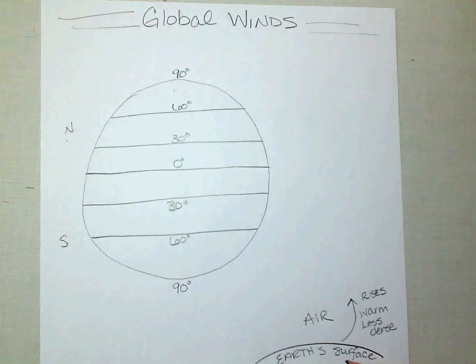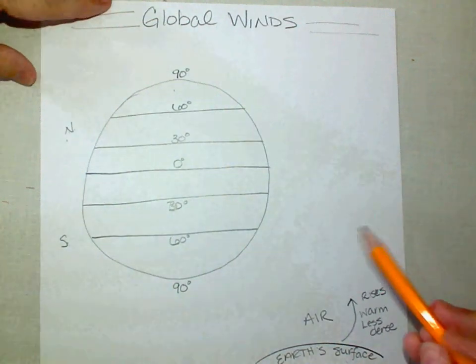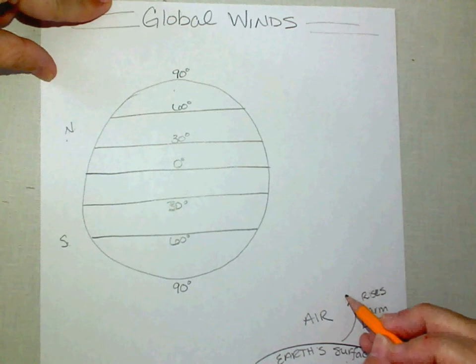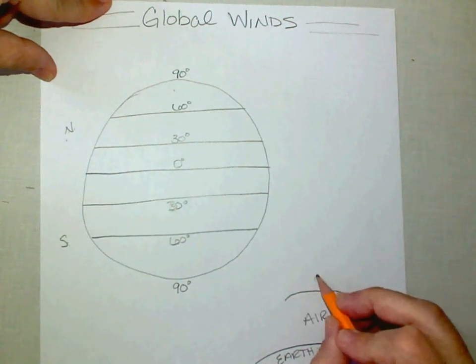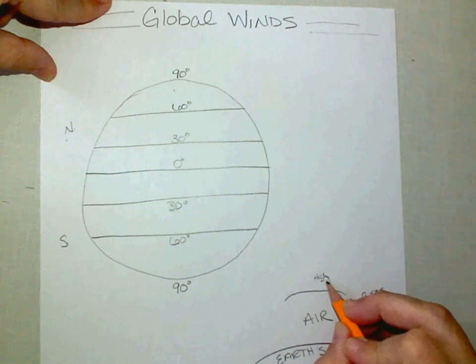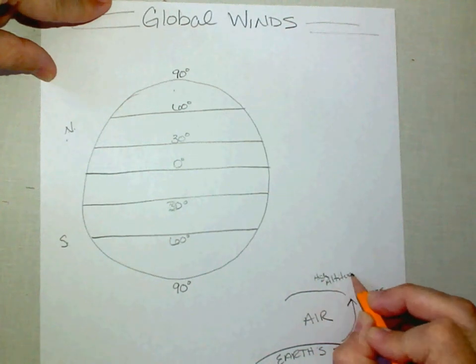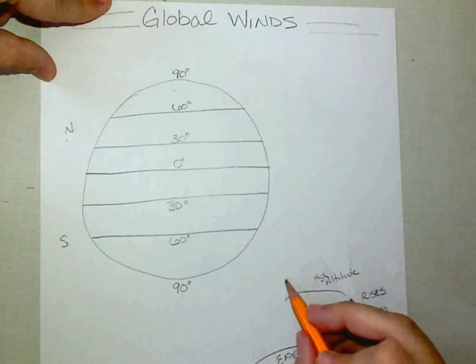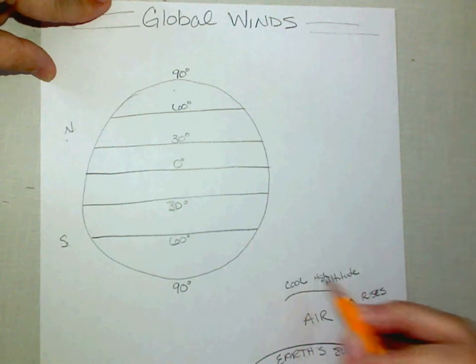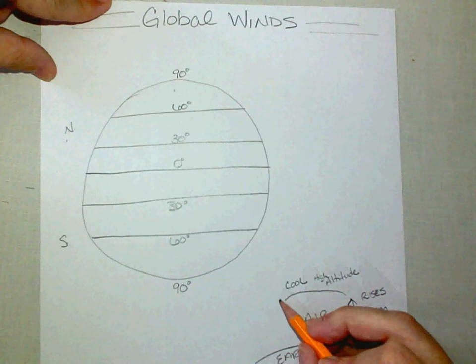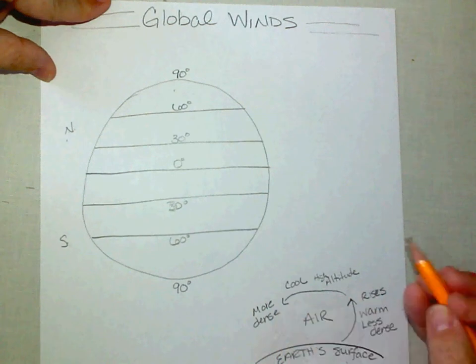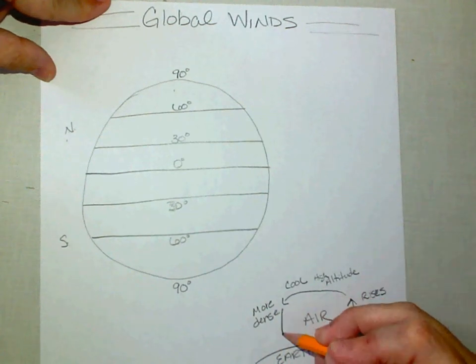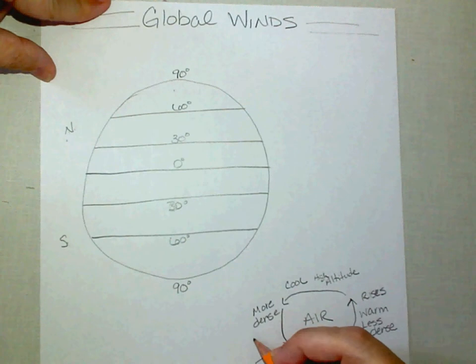So the air moves up here to this high altitude, and it starts to cool off. And as it cools off, it becomes more dense. And it comes back around down here and begins to sink down towards the surface of the Earth.